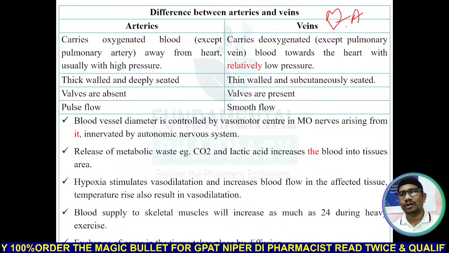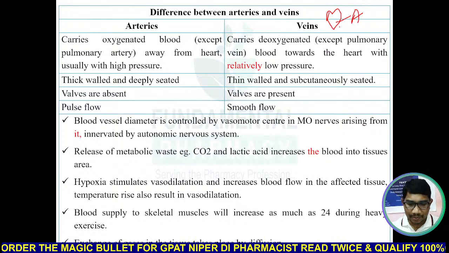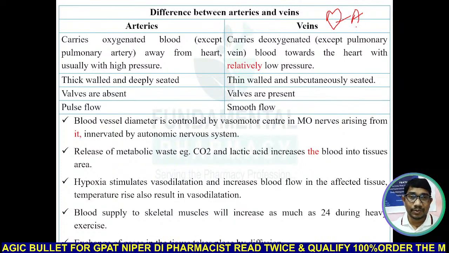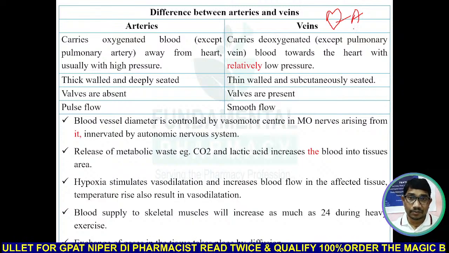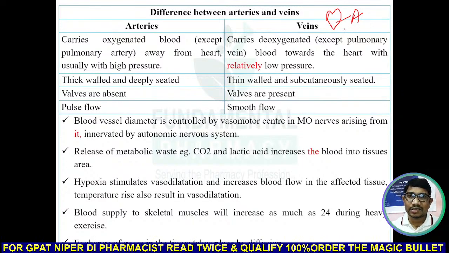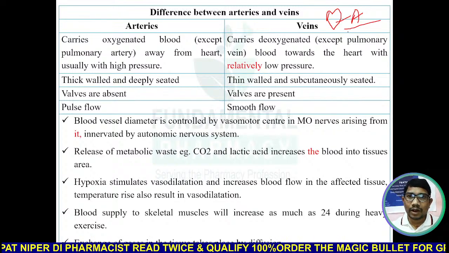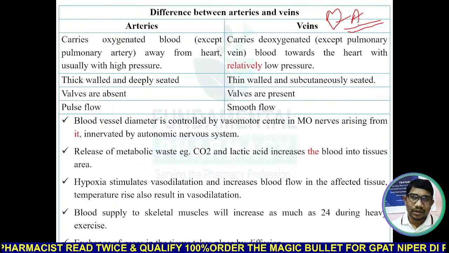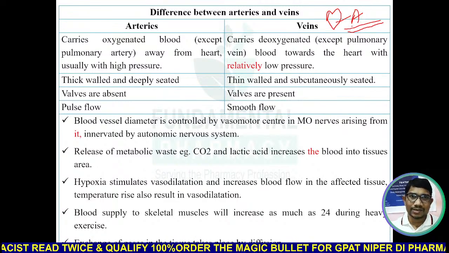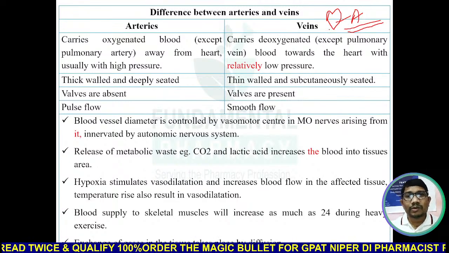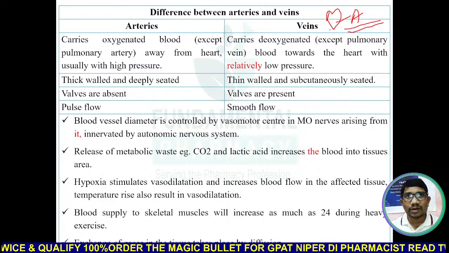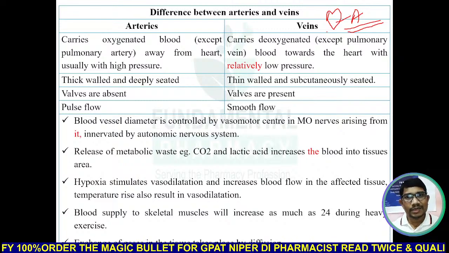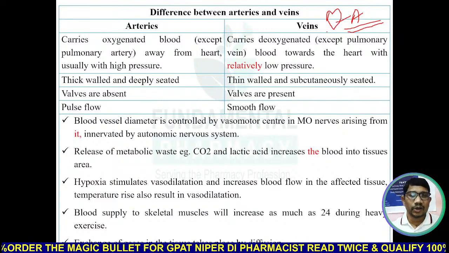Because heart muscle has the capacity to generate an impulse and to transmit an impulse. So it is self-excitatory. The heart will start and will stop only when there is a problem in the heart muscle. Otherwise, you don't have nervous control on your heart. You cannot increase or decrease your heartbeat as per your will. It is not under voluntary control.